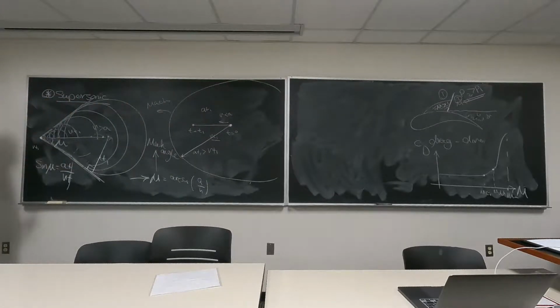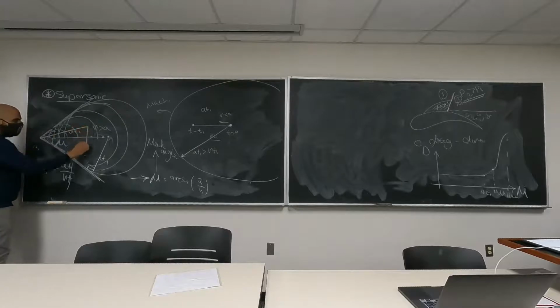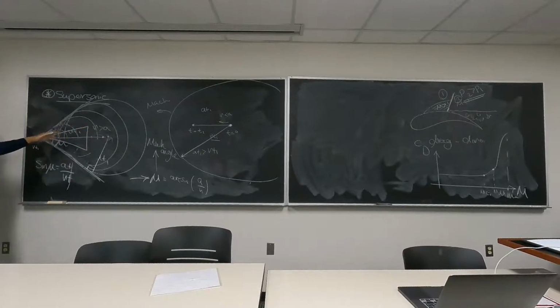So what you're saying is that if we have an object like this, the Mach angle is going to be smaller. It's actually going to be the opposite. Because you're essentially pushing the air a little bit, the difference between the properties here and here is going to be stronger because you have a bigger object hitting the air.